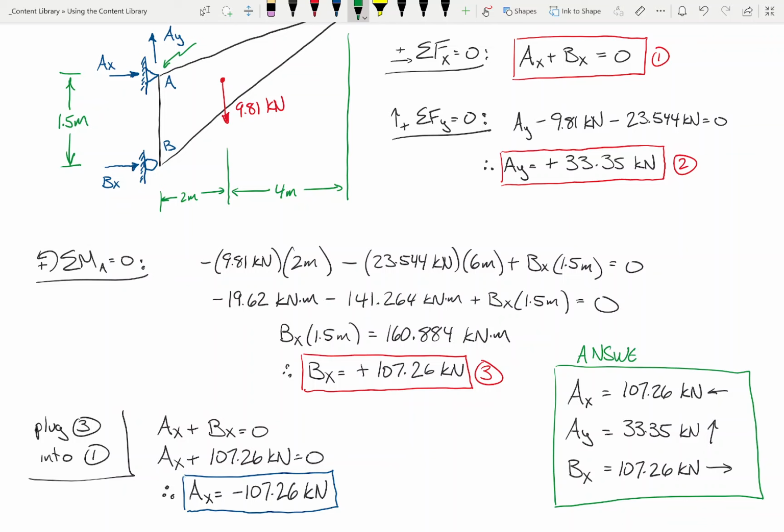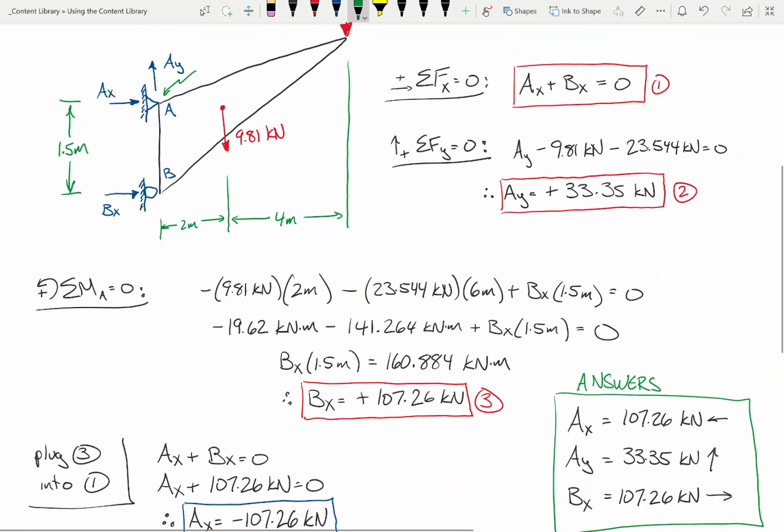And one of the things that we noted in class is that if you actually look at AX and BX, what do they form? They form a couple because we have 2 forces of equal magnitude and opposite direction. So it's actually really cool in that regard.